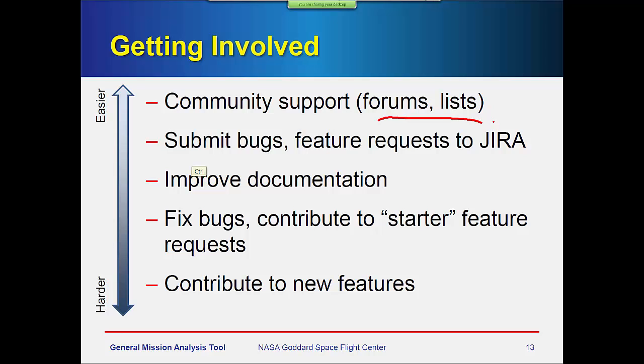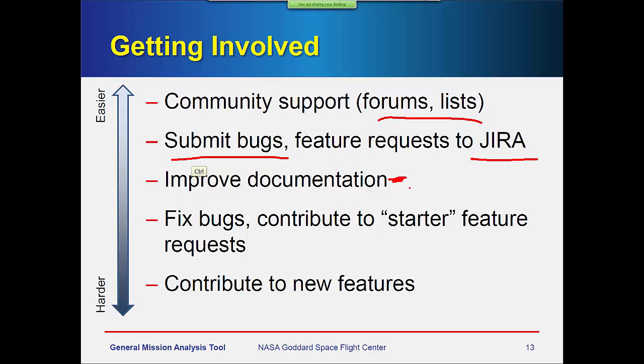One easy way to get involved is just to answer people's questions, or try to write up scripts that solve certain problems, post them to the forum, and help other people out. The next level is you can submit bugs. If you have bugs and feature requests, you can submit those directly to Jira. We'll look at them every week, prioritize them, and fix the ones that are high priority.